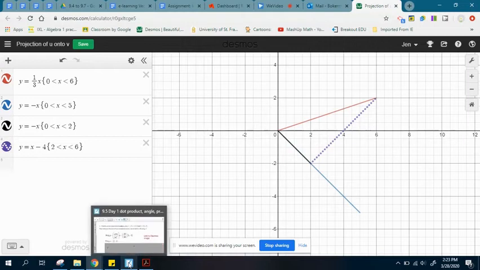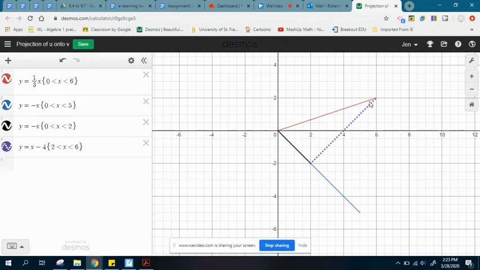Okay, so if you're just trying to find projection, you're done. The answer was 2, negative 2. But then what you can do is also rewrite it: if I wanted to write this vector here, it's basically saying I'm going to take this projection vector plus the perpendicular vector, and that would have ended me in the same spot as this original vector u.